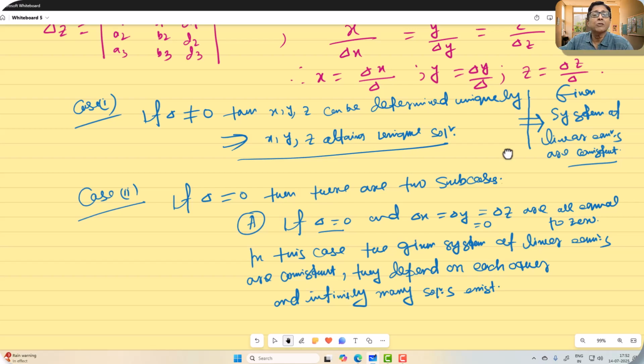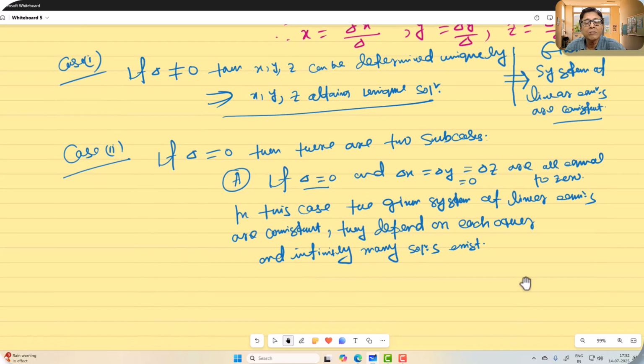You cannot state values like 1, 2, 3, minus 1, minus 5, minus 7, not like that. You have to find the solution in terms of a variable, better to say, a parameter. All three will depend on that parameter. I'll show you definitely, but let me complete this subcase.